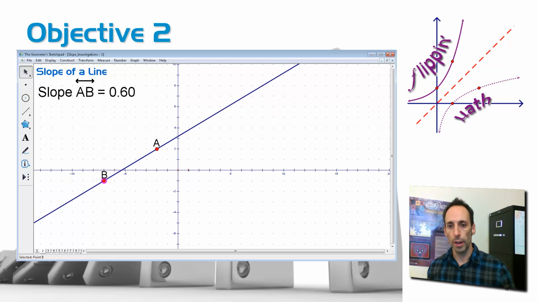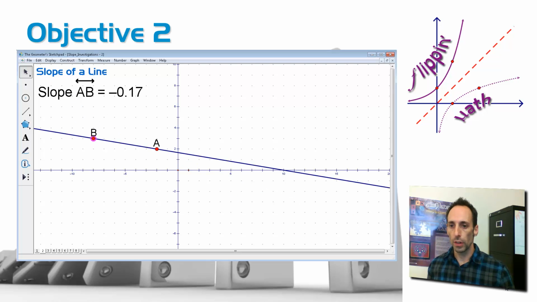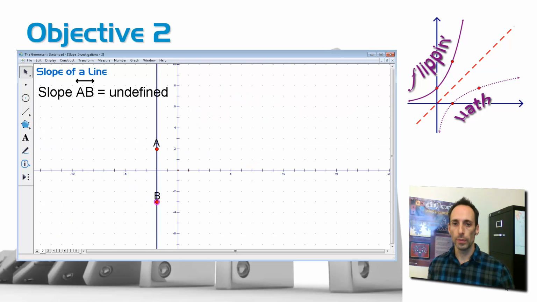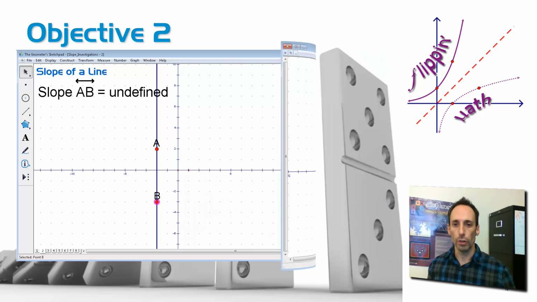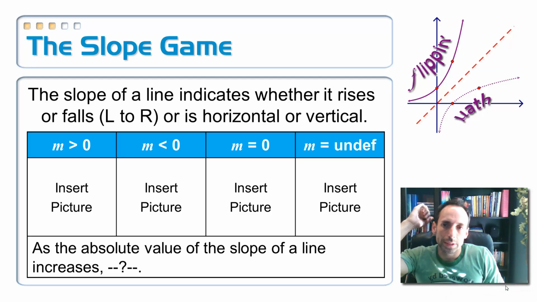It's going uphill left to right as a positive slope, and if I make it negative, it's going downhill left to right. A slope is 0 means that it's perfectly horizontal, and a slope that is undefined means that it's perfectly vertical. Okay, so that was pretty fun.